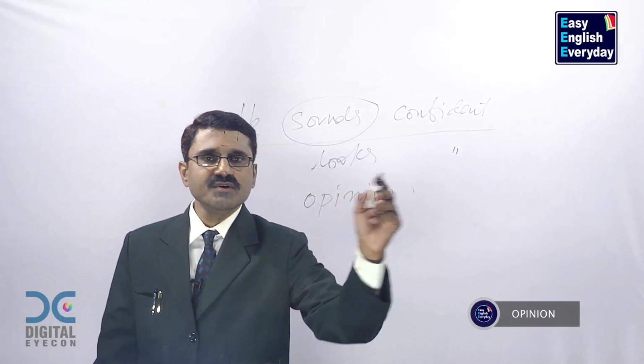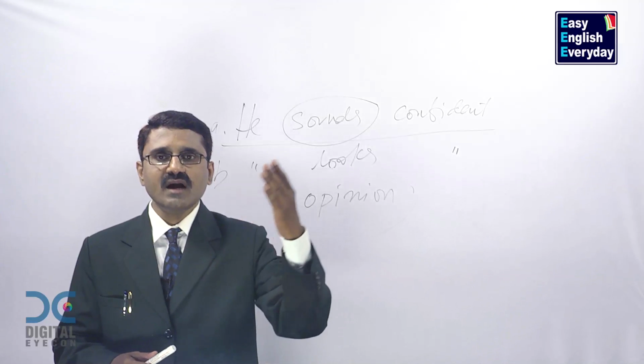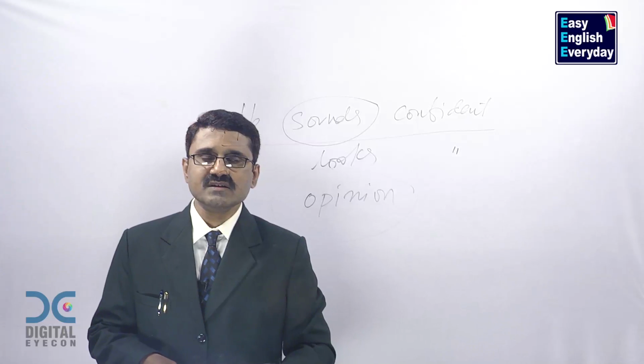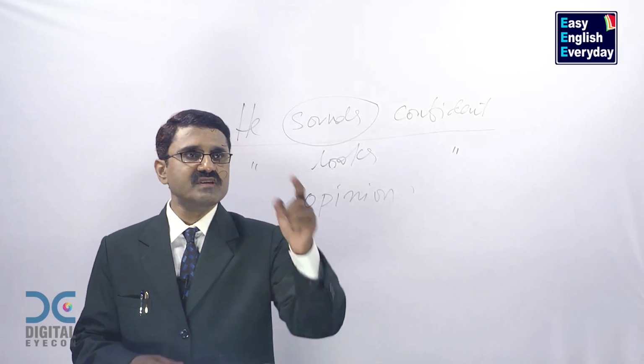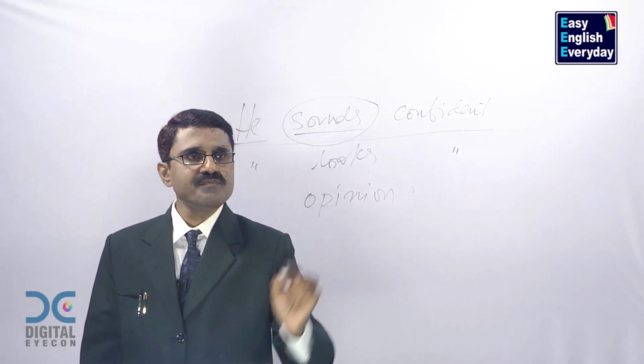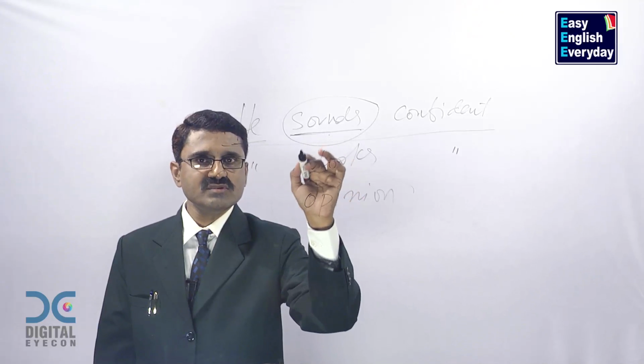So when you are talking about your opinions based on what you hear and how you hear, then you need this type of sentences. How to make examples with this word sound. Take a subject, keep sound or sounds or sounded.